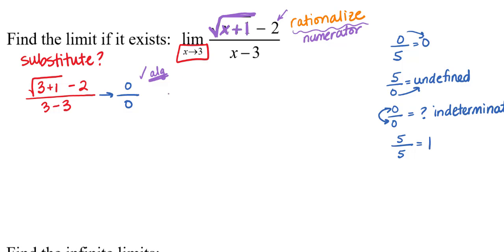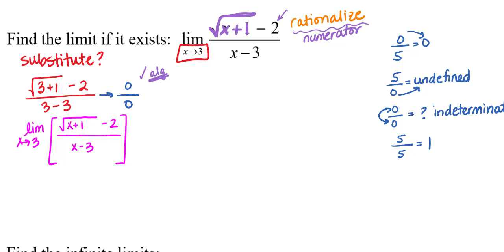So I'm going to rewrite this problem and say limit as x approaches 3 of the original expression here, square root of x plus 1 minus 2 all over the quantity x minus 3.